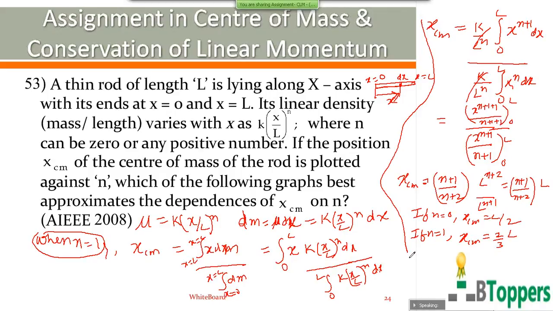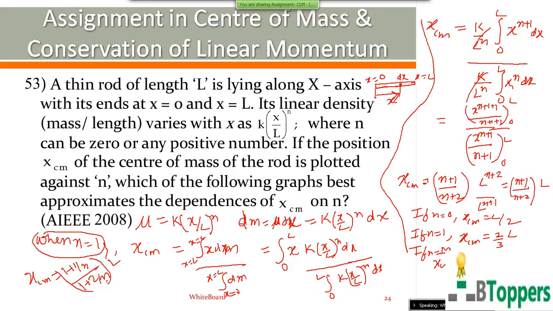If n is infinity, divide numerator and denominator by n. The last result, again I am writing on the left side, XCM equal to (1 plus 1 by n) divided by (1 plus 2 by n) into L. So when n is infinity, 1 by n becomes 0, 2 by n also becomes 0. Then XCM will be L.